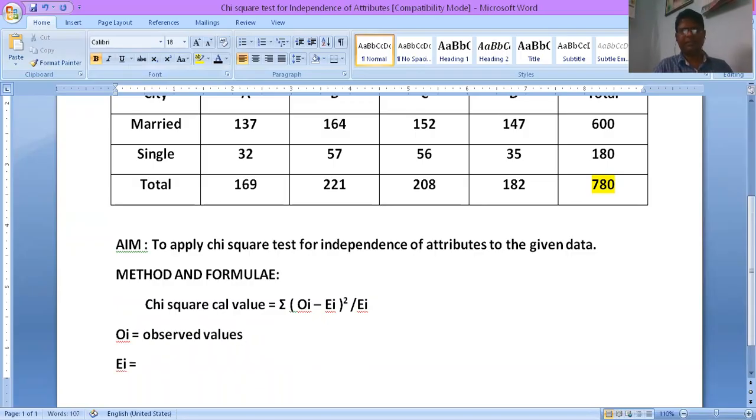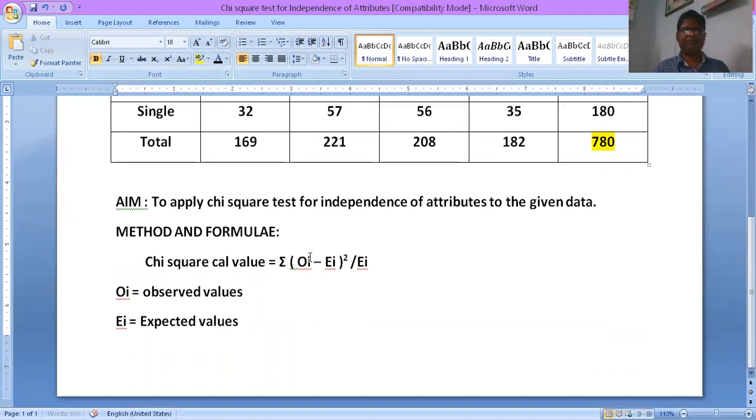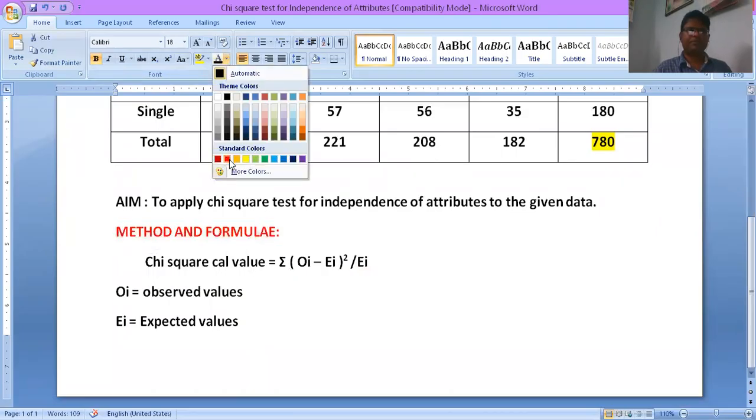E_i are expected values or frequencies, right?